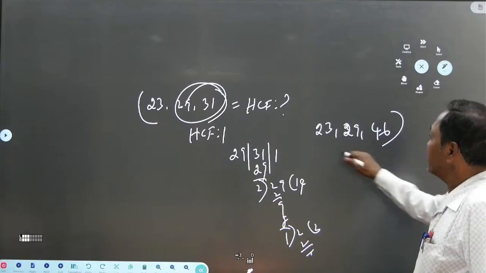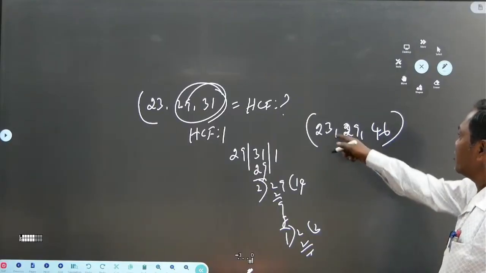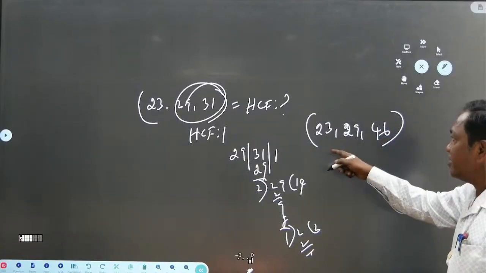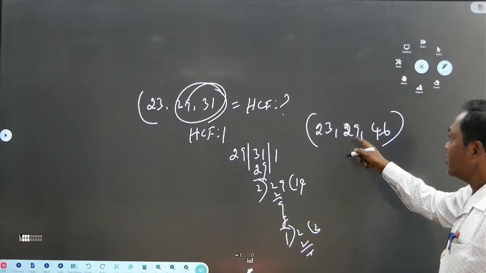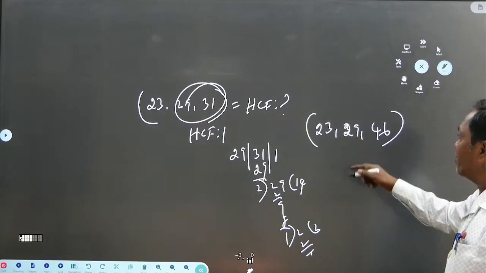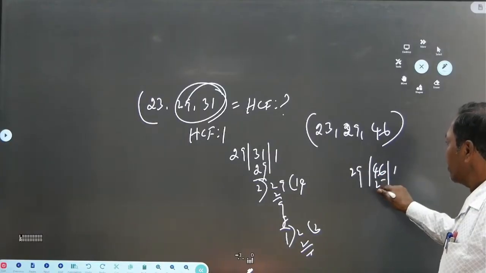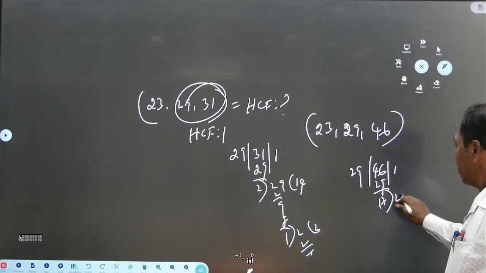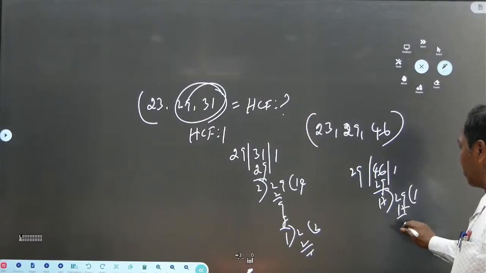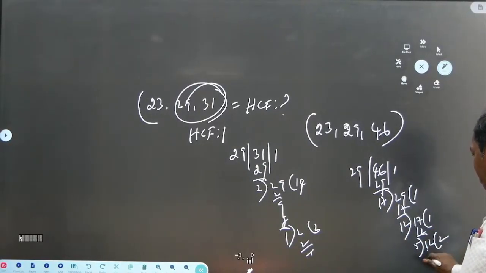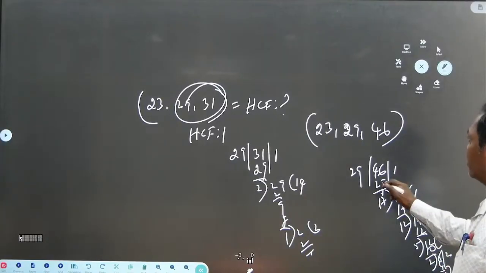What is the HCF of these three numbers? If you see 23 and 46, 23 is the HCF. For 23 and 46, 23 is the HCF. 23 and 29, again, is a prime number pair. See that, for 46 by 29, the remainder is 1.